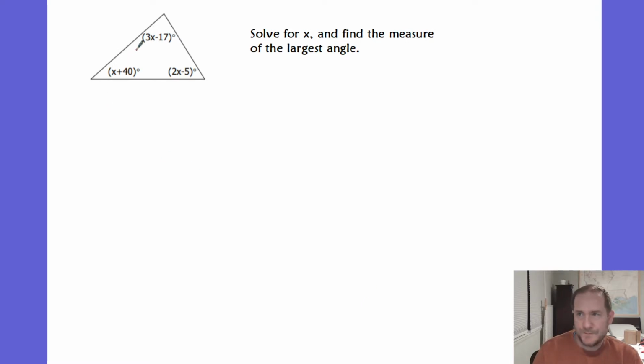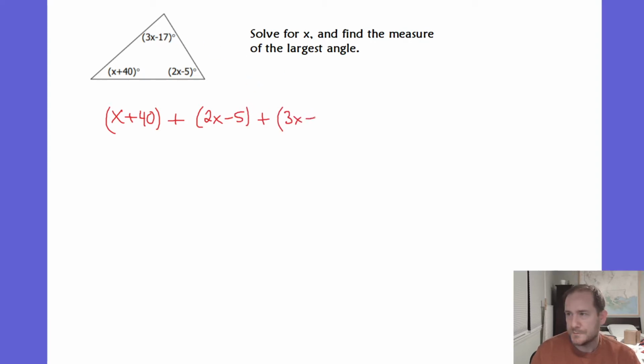Okay, if you're back, then to solve this problem, you would take the exact same approach as before. We still have the three angles of a triangle, which always have to add up to 180. So the x plus 40 plus the 2x minus 5 plus the 3x minus 17 should add all the way up to 180.